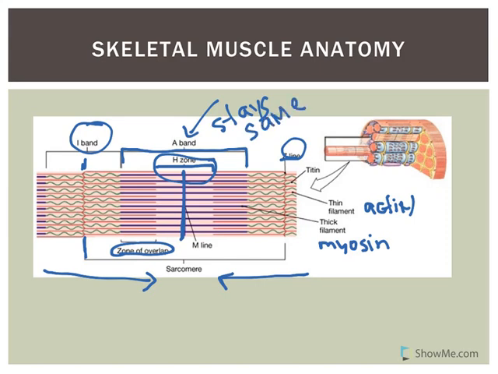We're not going to change the length of the myosin. But during that contraction, the zone of overlap is actually going to increase, because actin is sliding towards the M line, so there's more of a region of overlap. It also creates the interaction between actin and myosin, and we're going to show you very shortly how they interact.